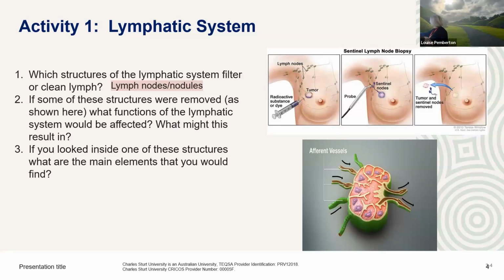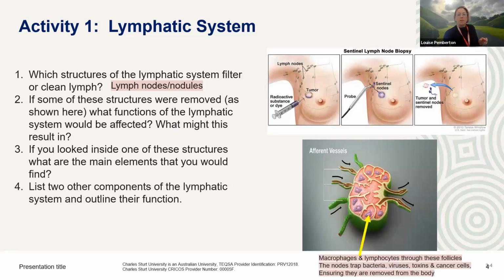These ones have a bigger diameter than the ones that drain it, so they're going to deliver lymph in, and it's going to remain in here for a while because these ones have a smaller diameter and there's fewer of these as well. And that's going to delay the emptying of the lymph from the node, and that allows all that mixing and for any pathogens to come in contact with lymphocytes that might recognize them and then be activated.